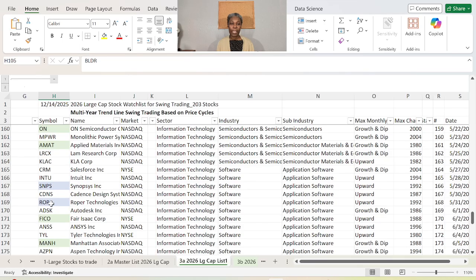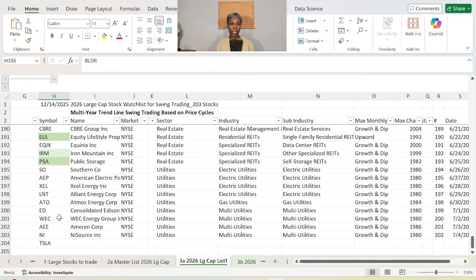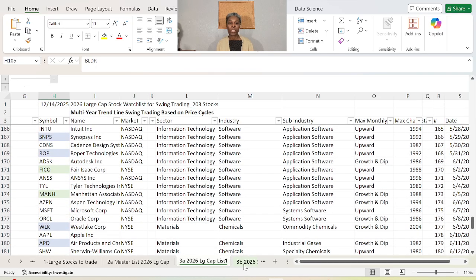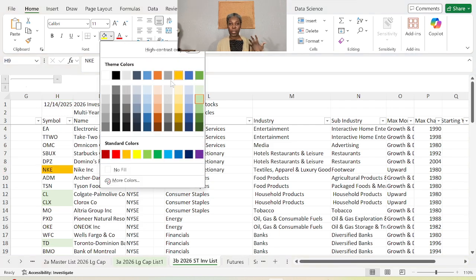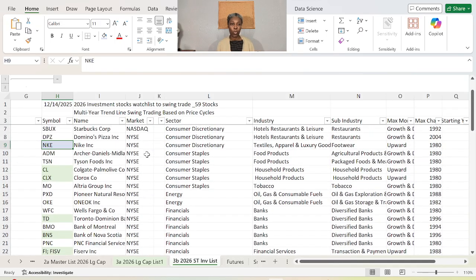I think I'll start using a different color for the ones that I purchase this year, but I purchased some this week that I used that green for. I just wanted to see which are the stocks that I brought into 2026 in my portfolio.